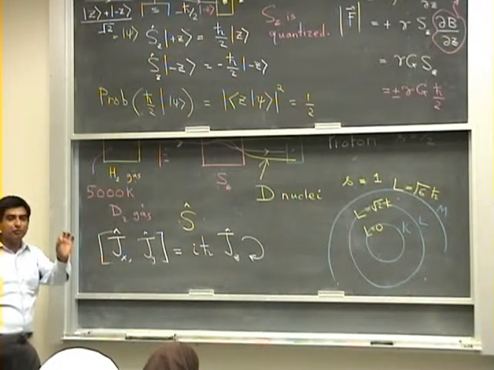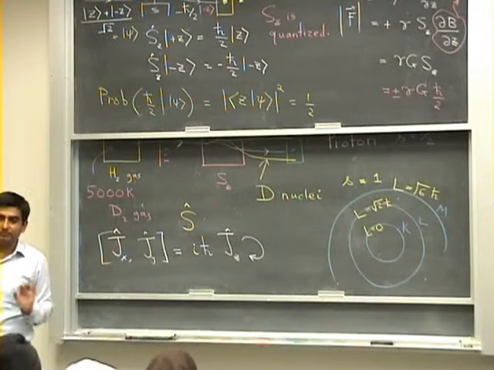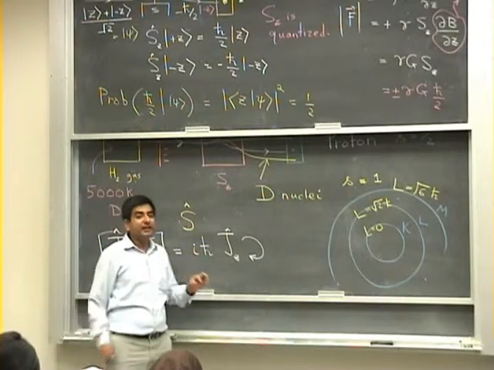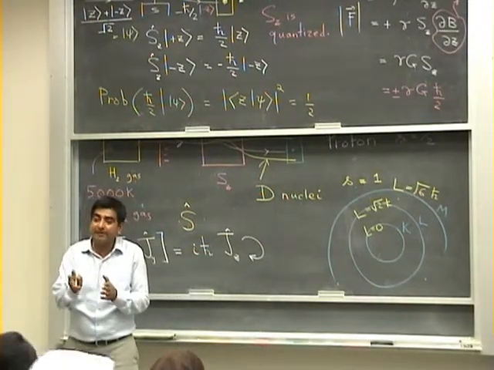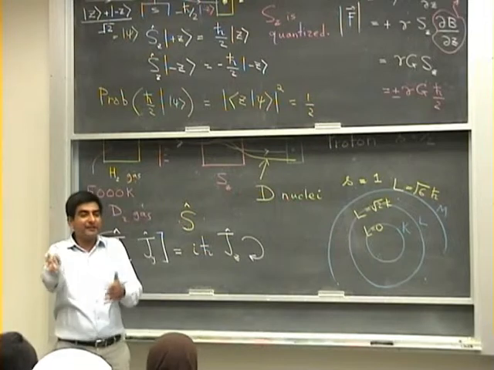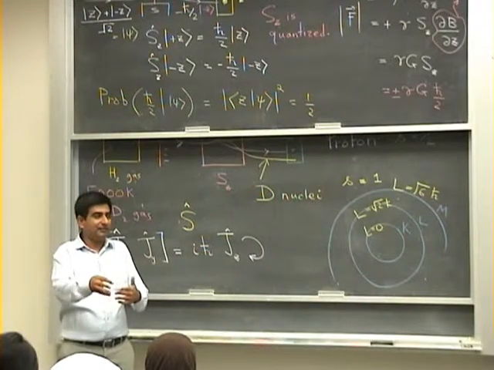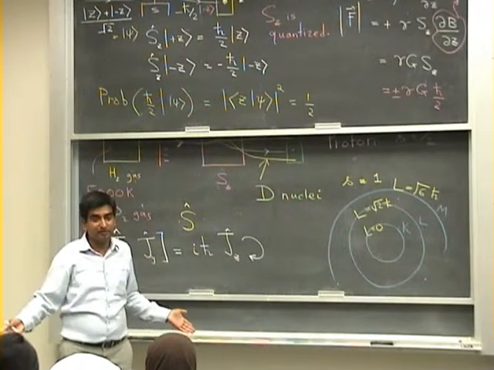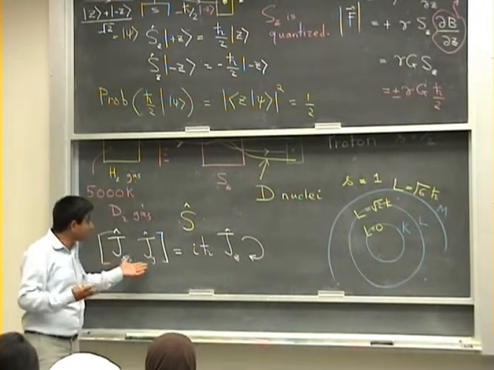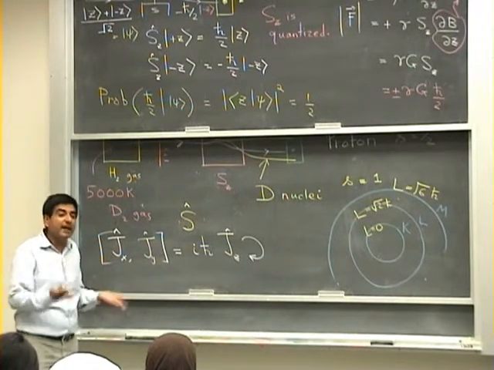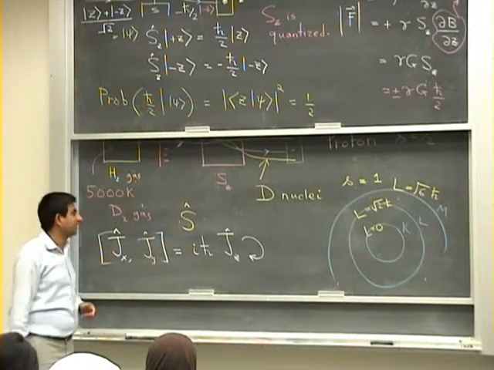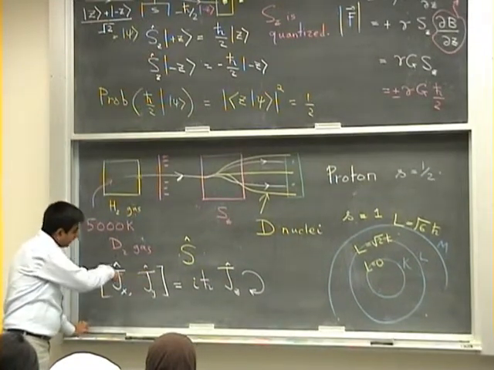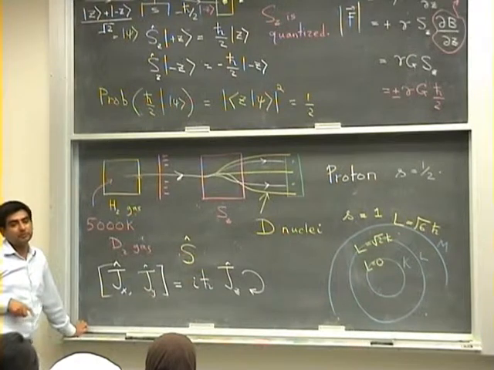Now these are individual components of the angular momentum. Remember, these x, y and z represent their components in the lab frame. What is the angular momentum along the x-axis, in the lab frame, which is what you're measuring? What can you say about the y component of the angular momentum? So these components don't commute.